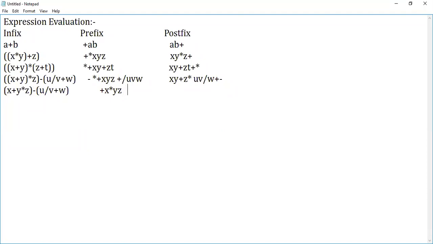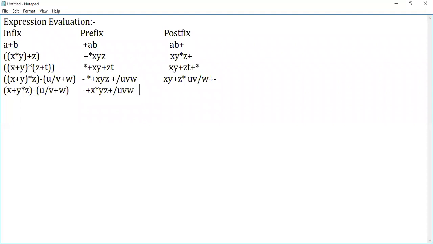And here this operation is same, there are no changes in this operation. And here you're supposed to place a minus symbol before it. So this is all about your prefix, guys. If there is no bracket, then evaluate the expression based on the precedence of the operator.